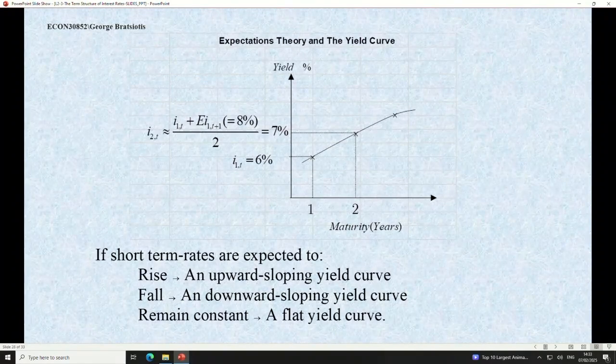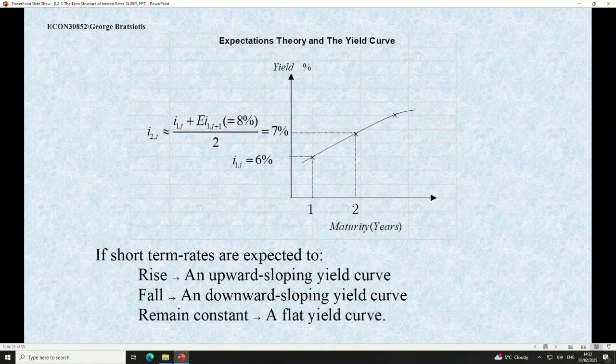And if it's the same, in other words, if this is 6% and this is 6%, 6 plus 6, 12 divided by 2 is 6. Therefore, we'll have 6% here plus 6%. It will be a flat line. So you get the picture now how they think, which is very, very useful.